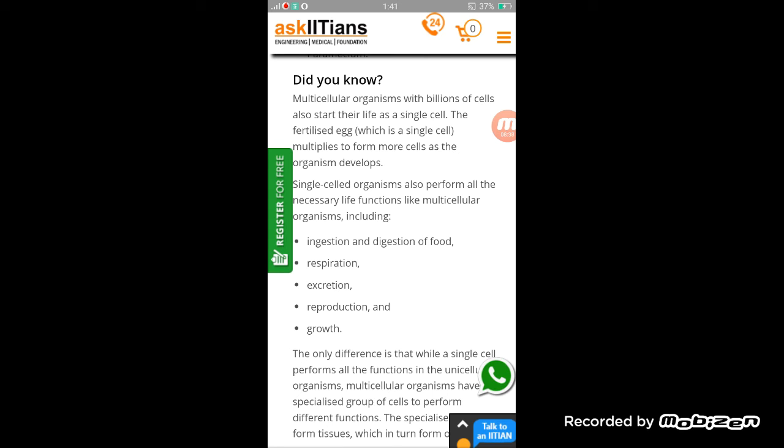Single-celled organisms also perform all the necessary life functions like multicellular organisms. In multicellular organisms, different cells have divided labor, that is, which cell will do which function.